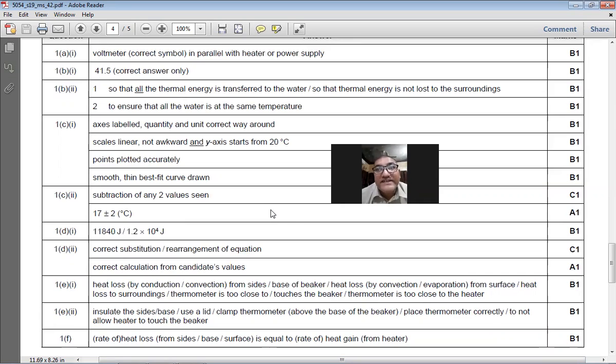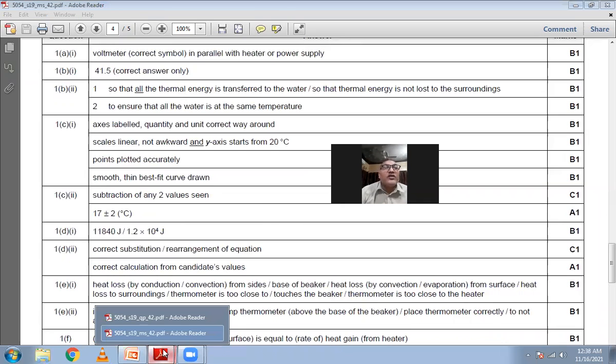You can stop or pause the video and take your time with the marking scheme. It is very, very important for every student who is attempting this paper to read the marking scheme. So I'm going to the next question.